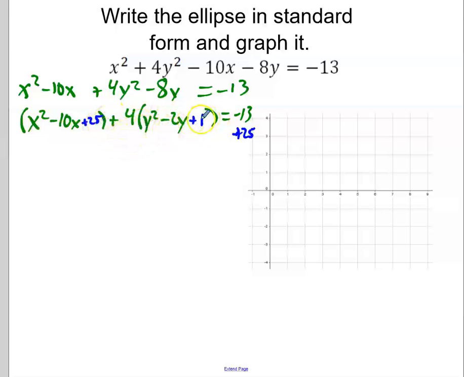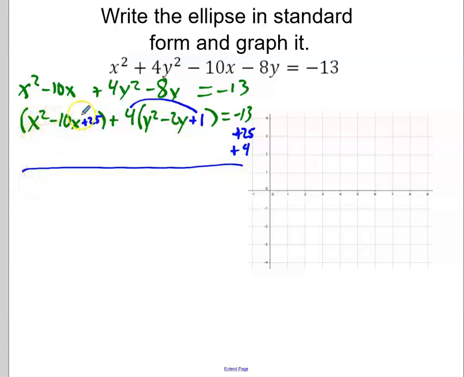And here, I put a 1 here, but because that was inside of parentheses and everything inside that parentheses is being multiplied by 4, what I actually added to the left side of the equation is 1 times 4. So I actually added 4. So if I added 4 to the left side, I have to add 4 to the right side. Okay, so that's one extra step that we didn't have with circles that we're going to have with ellipses and then with hyperbolas when we get to those.